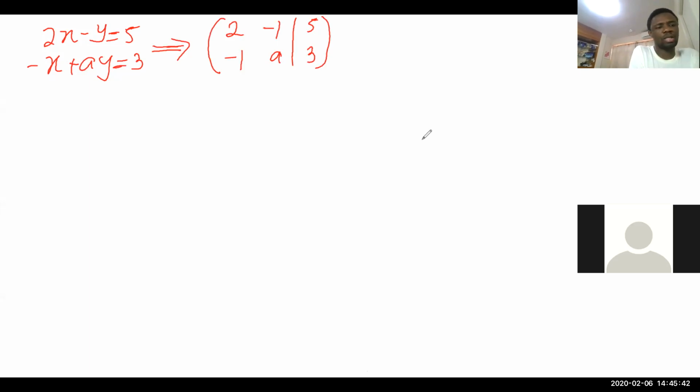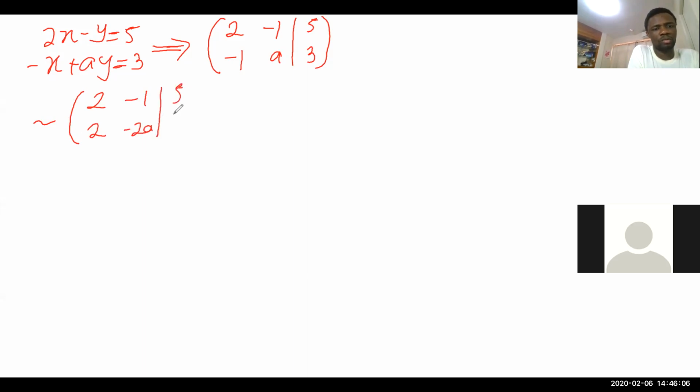So if you multiply the second row by negative 2, this will become, you can put the description of what you did here or here, like I said yesterday, but I just like it on this side. So I'm going to use the other side now. So 2, minus 1. If you multiply by negative 2, you get 2 and negative 2a.